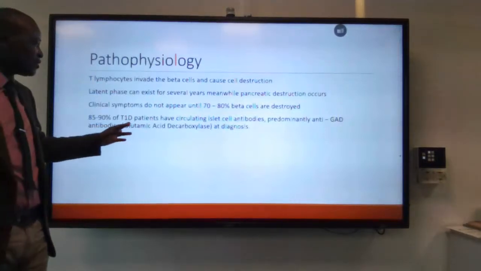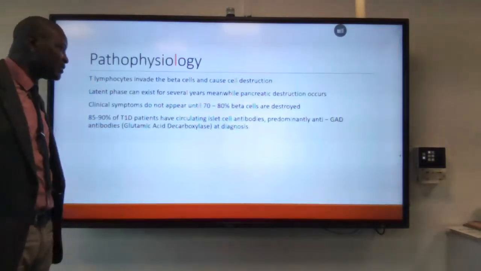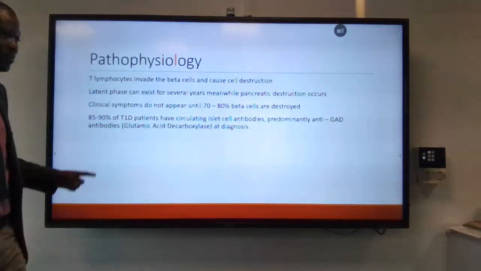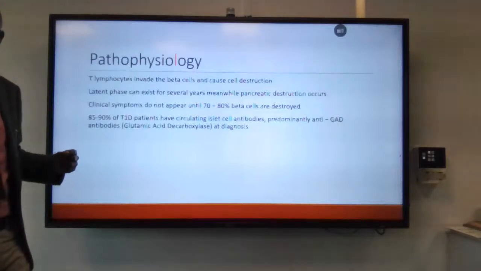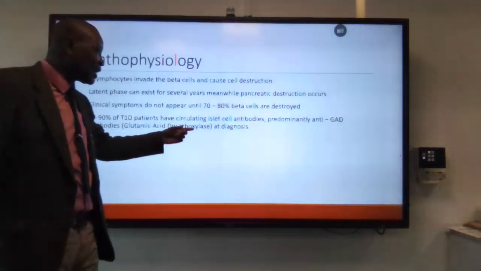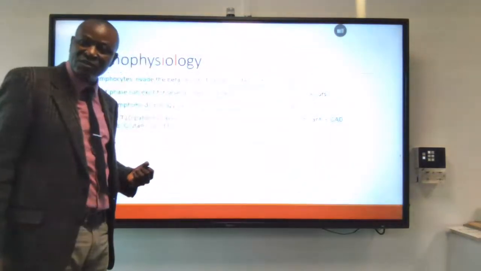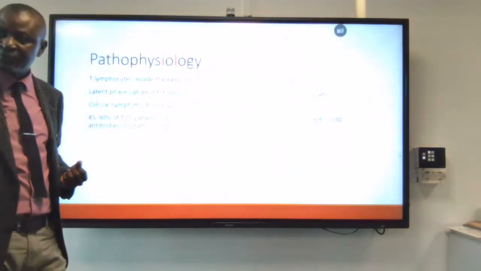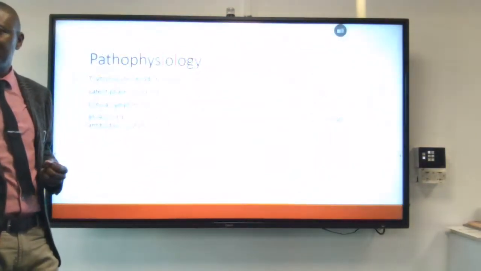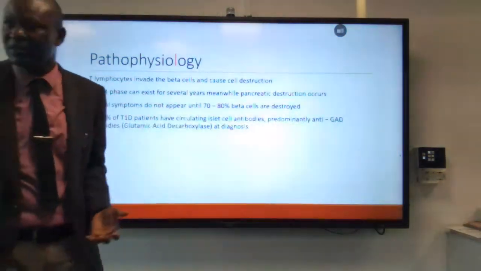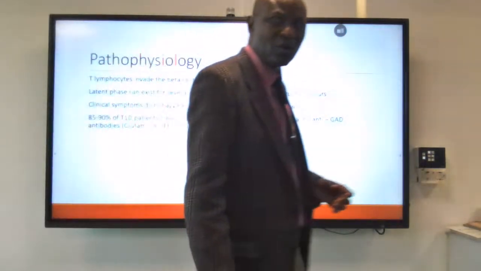About 80% of type 1 patients normally have circulating islet cell antibodies, probably anti-GAD, glutamic acid decarboxylase, which is an antibody fighting what it is not supposed to fight. These are not autoimmune diseases like arthritis and so on.